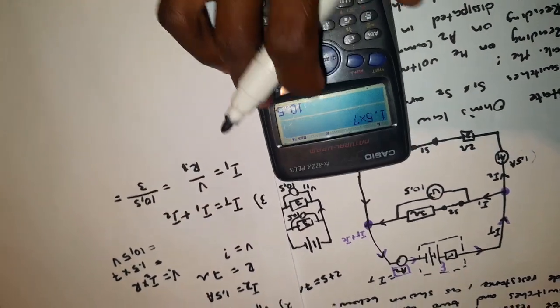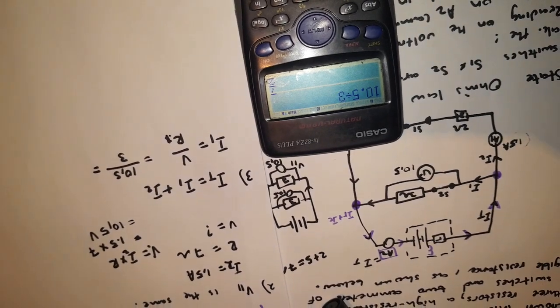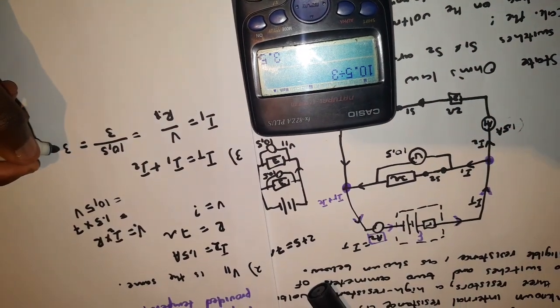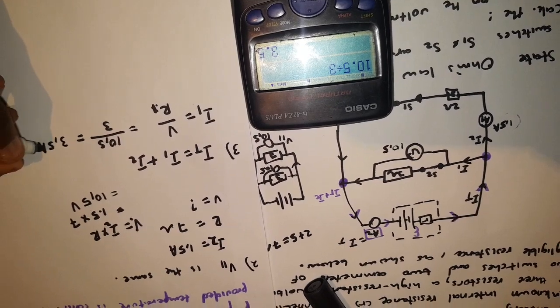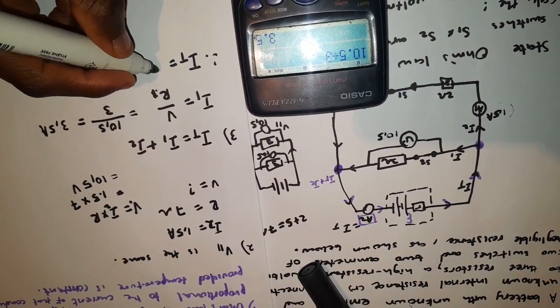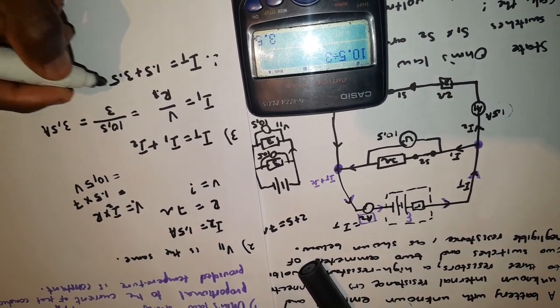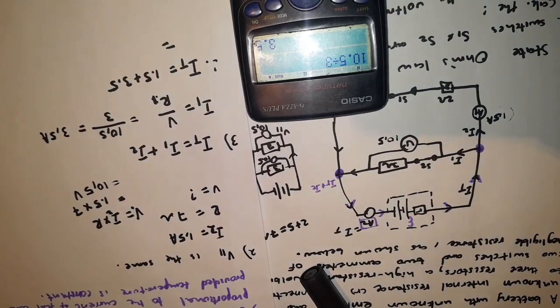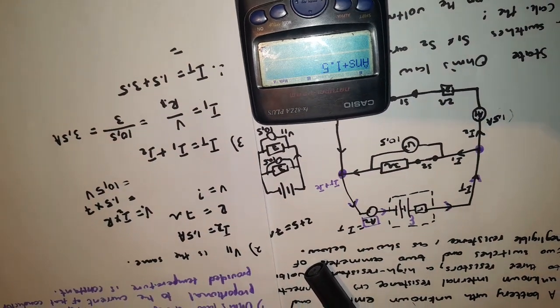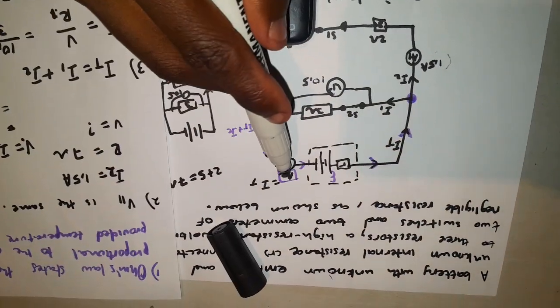It's going to give us 3.5 amperes. Therefore, the total current is 1.5 plus 3.5, which gives us 5 amperes, which is the total current from here.